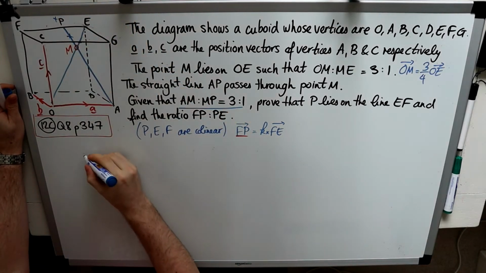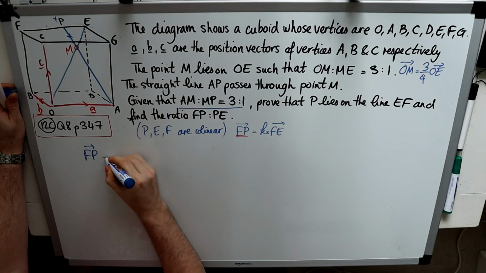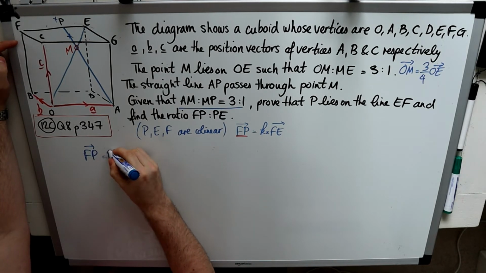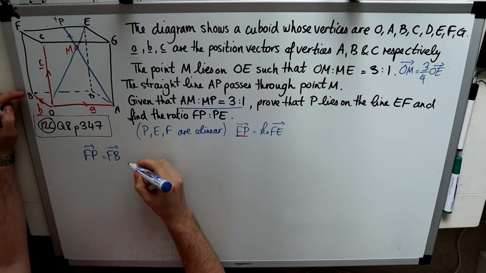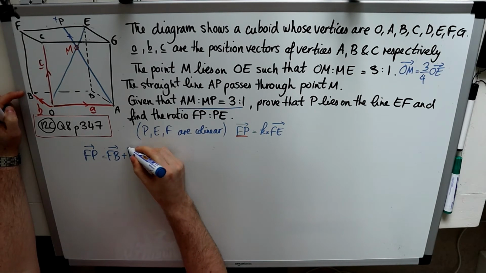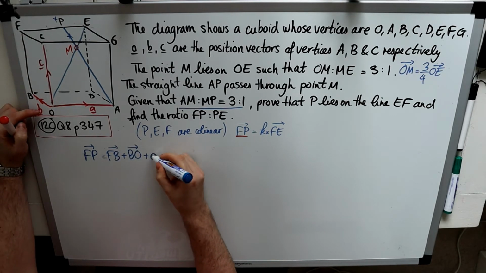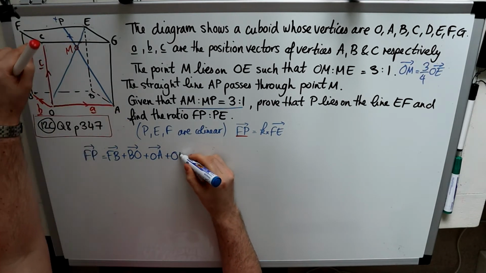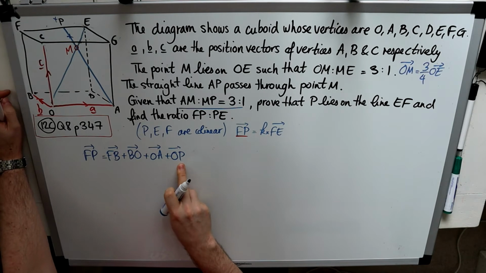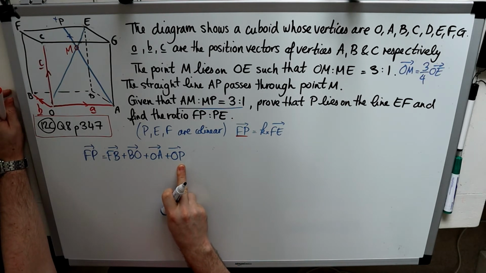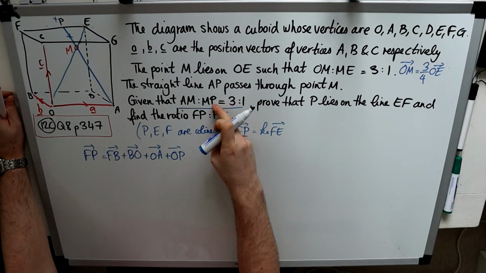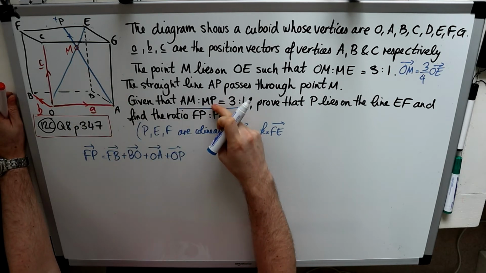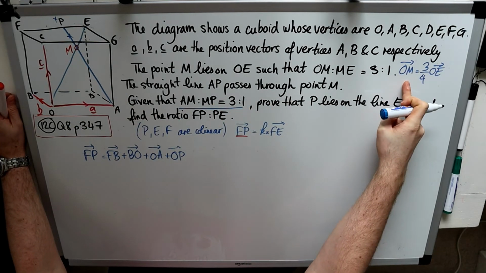So we're going to write that FP is equal to FB plus BO plus OA plus AP. Now I don't know if that lies on the line yet or not, but what I do know is something about M, that midpoint, and I also can express that using other things over here.